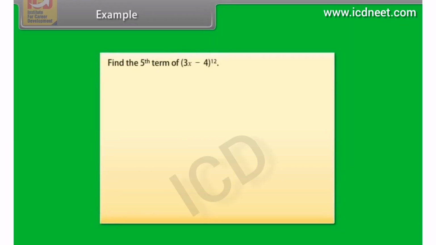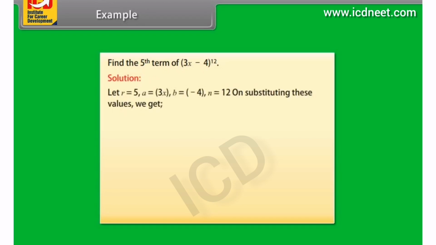Example: find the fifth term of (3x − 4)^12. Solution: let r equal 5, a equal 3x, b equal minus 4, n equal 12.